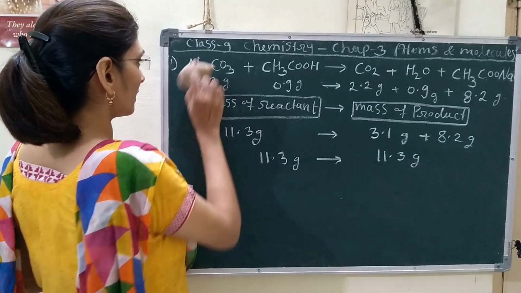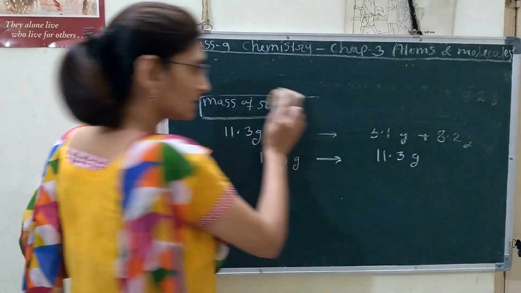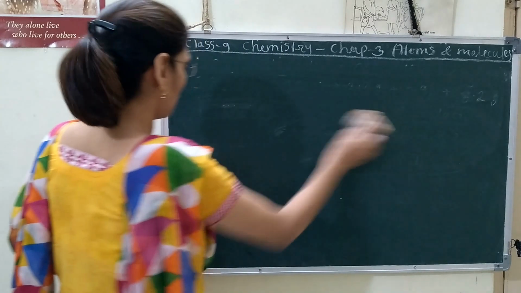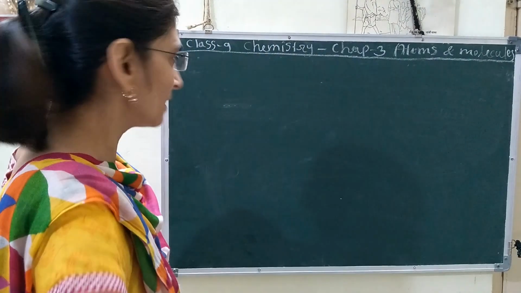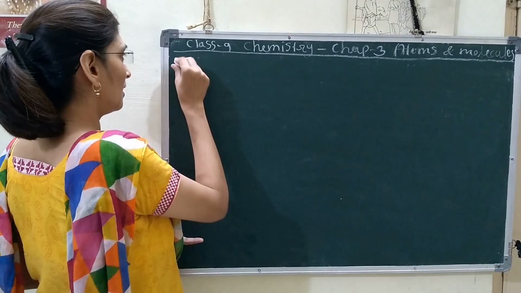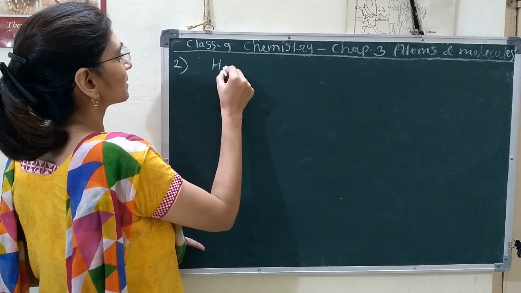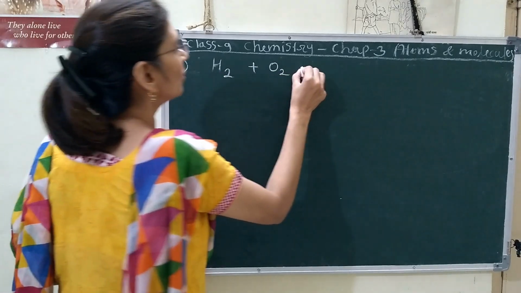So we will go to our next numerical. The next numerical depends on the second law of chemical combination, the law of constant proportion. In that second numerical, what is given here? Hydrogen gas is combined with oxygen to give water.